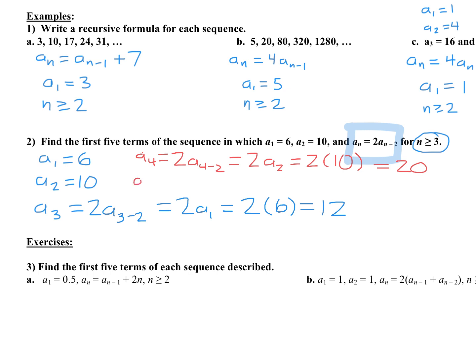And then for A5, you can probably skip this step here. You can see that it just goes 2 terms back, so it's going to be 2 times A3, which is 2 times 12, which is 24. So we found the first 5 terms of the sequence.